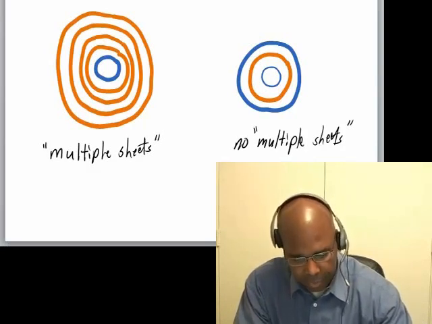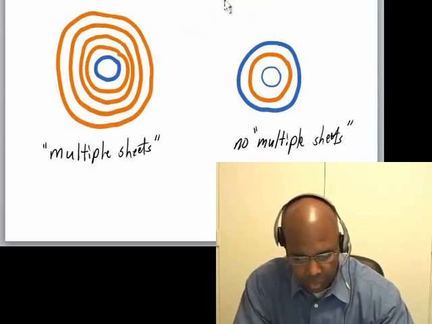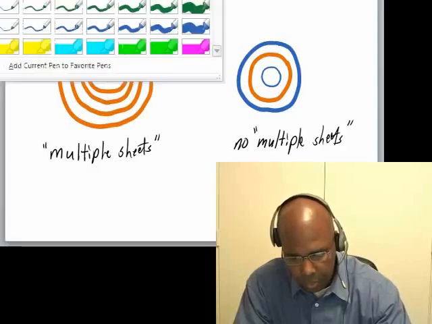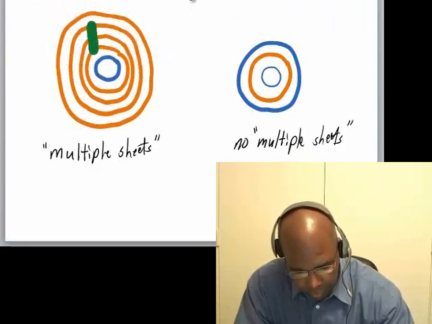And you're going to have this structure here. I guess green would be a good color to use here. It's going to be carbohydrate in nature.